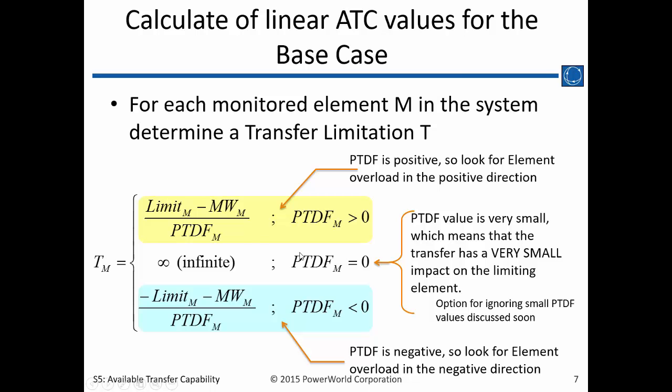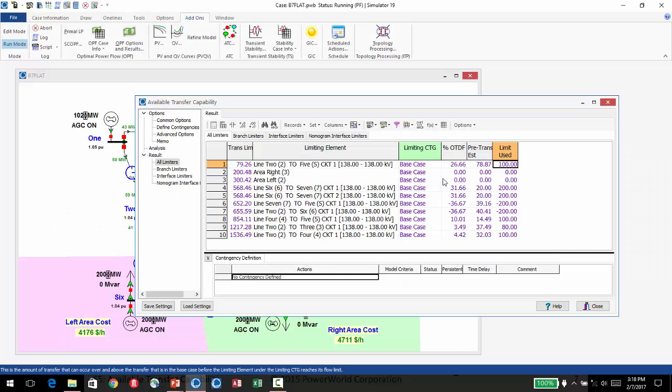in the results. Going back to the example here, the 79.26 is basically just the 100, the limit on the line, minus where we started, divided by the PTDF. Gives you that. The next two limits in the list of results are generator reserve limits.